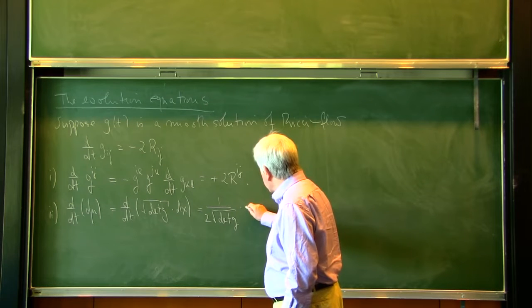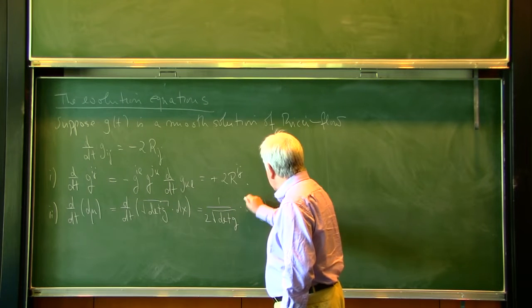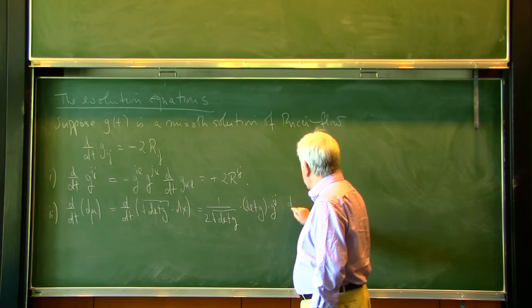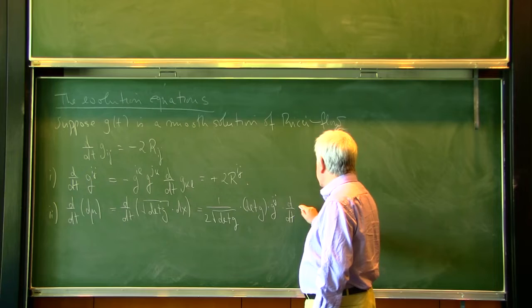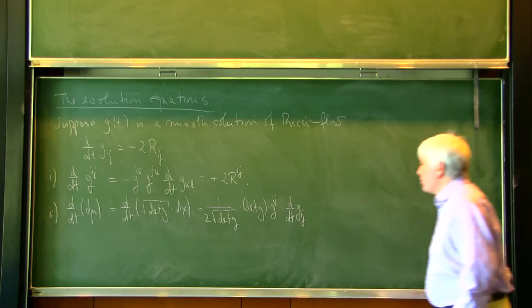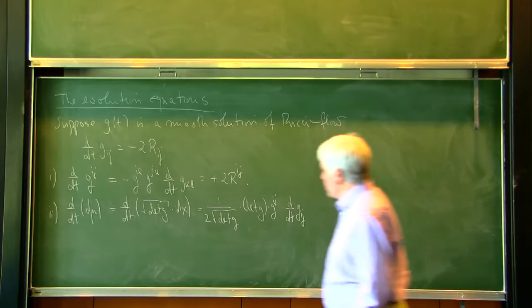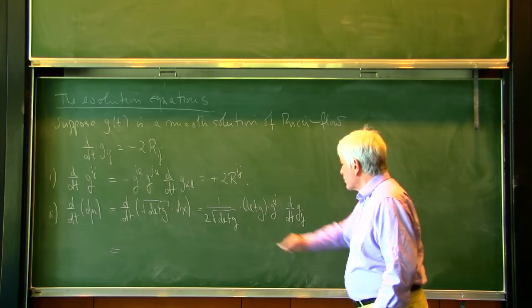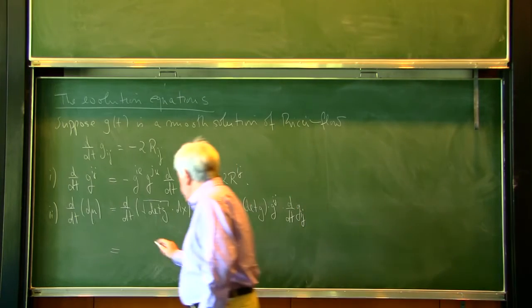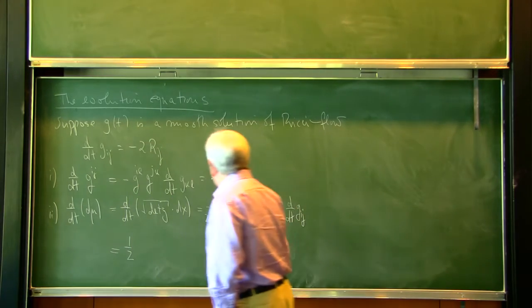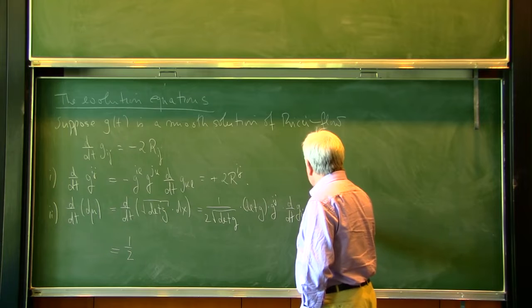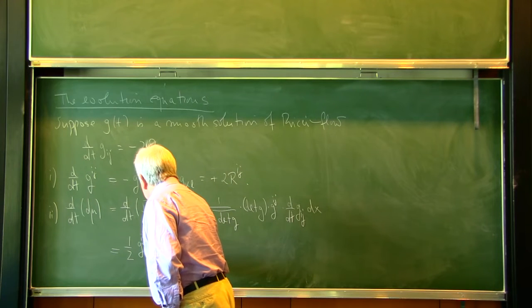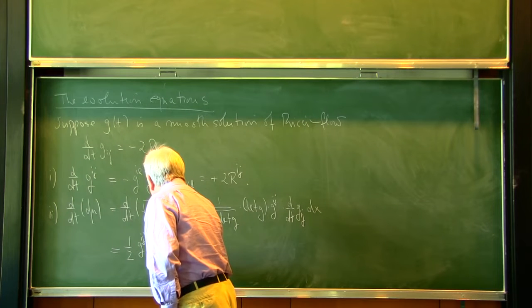This gives us the cofactor matrix, determinant of g times g^{ij} times d/dt of the metric. This is the general formula for the evolution of a determinant, and this in turn gives us the square root of the determinant reproduces the metric volume form, so we get g^{ij} times d/dt of g_ij times dμ.